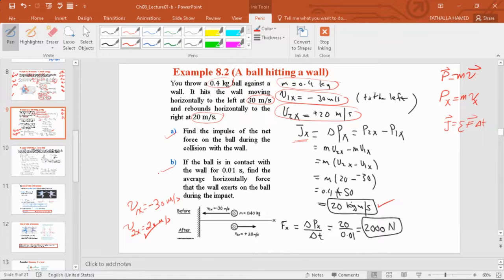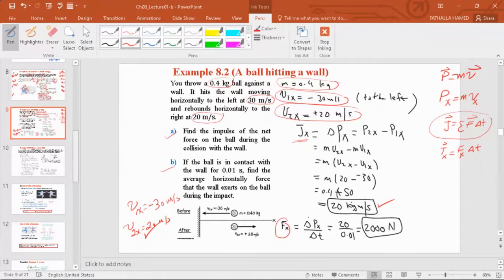Now, in part B, they ask about the average force. And we already defined that your impulse should equal the average force times delta t. So in this case, if I just take the x component, it will be Fx delta t.